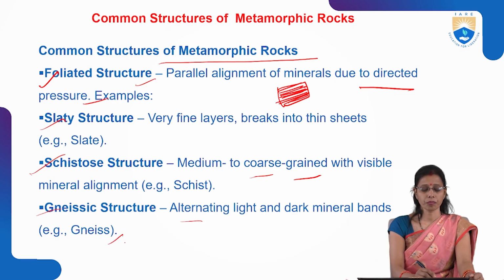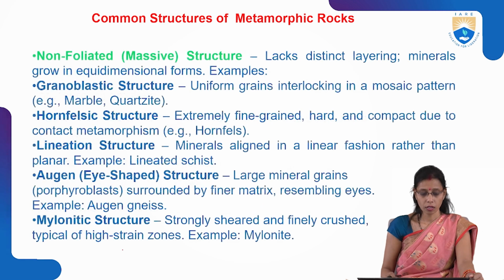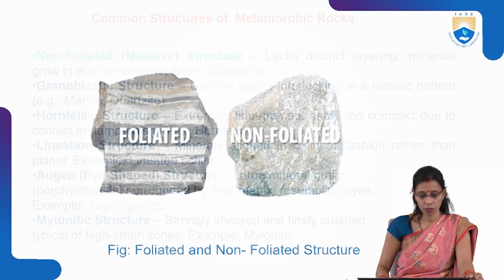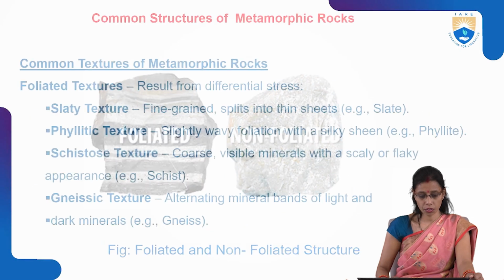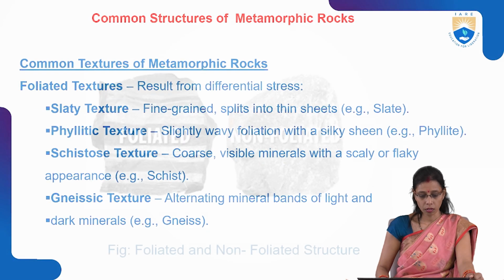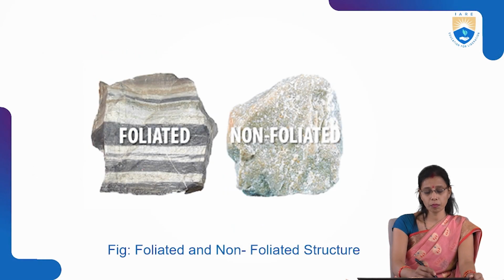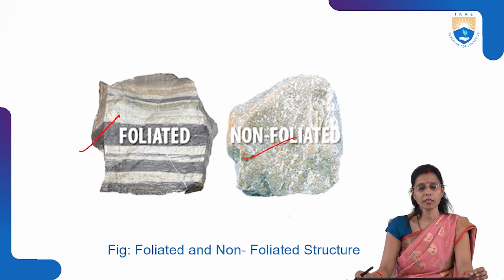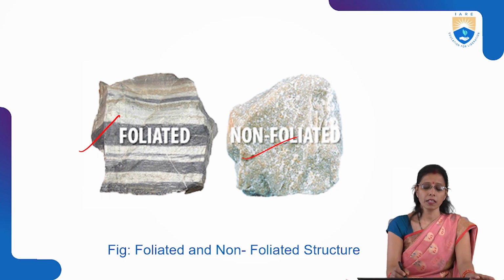It has a kind of structure, and the example here is gneiss stone. Now, we have a difference if you see here. This image will tell you about the foliated and non-foliated. Majorly, if we classify metamorphic rock, it is classified as foliated or non-foliated.